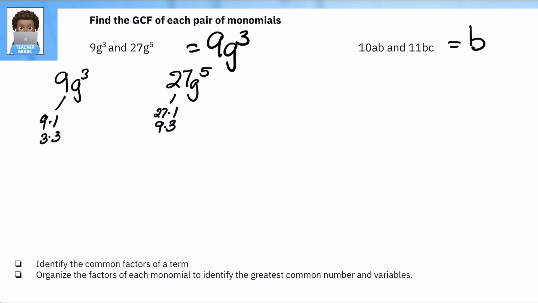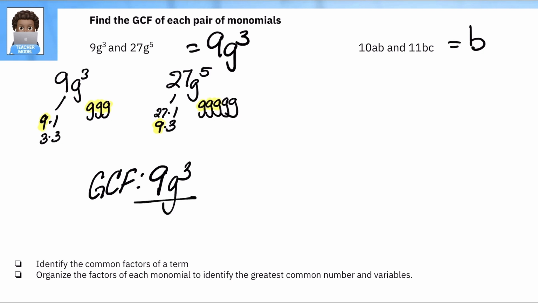The greatest number they have in common is 9. So I'm going to list that as part of the greatest common factor. And then looking at the g's, the variables, g times g times g, and this one has 5 g's. So I know that they're going to have 3 g's in common, or g to the third.